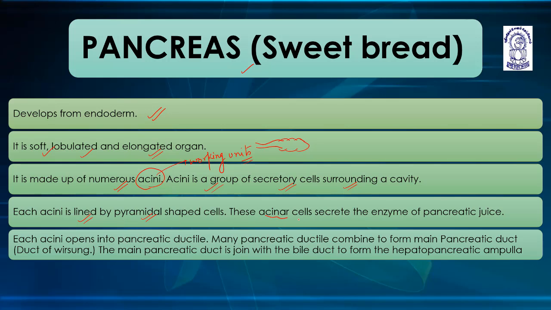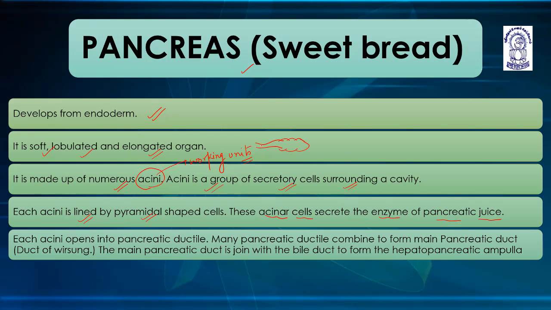These acinar cells secrete the enzymes of pancreatic juices. So the acini are exocrine in function, meaning they are related to the secretion of enzymes, pancreatic juices or pancreatic enzymes.